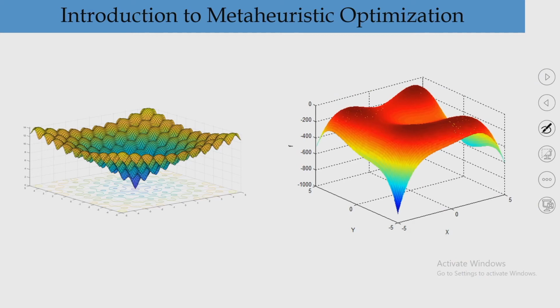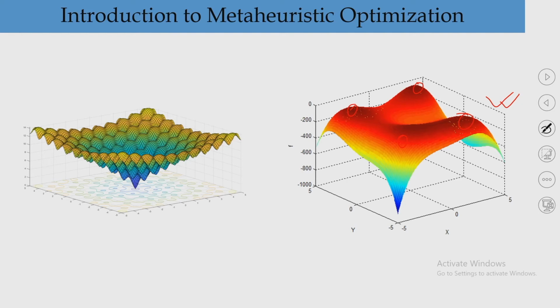Similarly, look at this particular function. Let me discuss this second function. Here you can see there are 4 optimal solutions of this particular problem. Now, this is a continuous function and this is also differentiable, but the only problem is that this is not a convex function. We have more than one optimal solution. Now, I can apply the classical optimization technique because the function is differentiable and continuous.